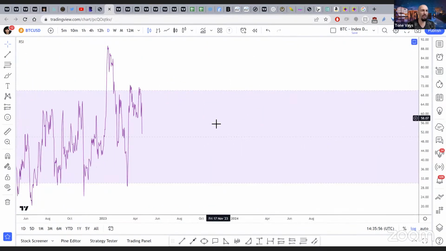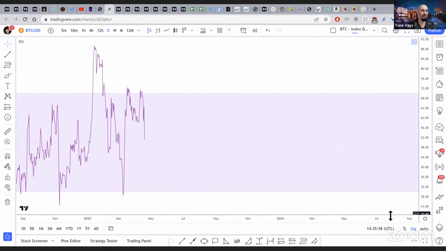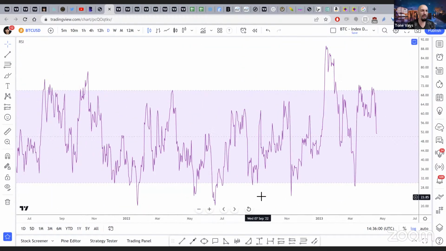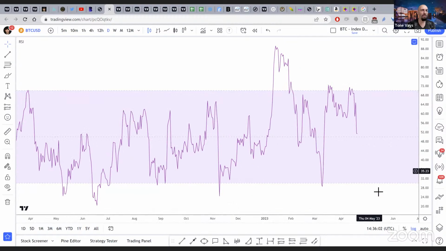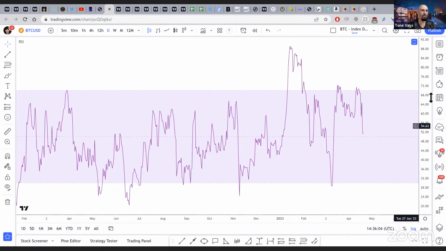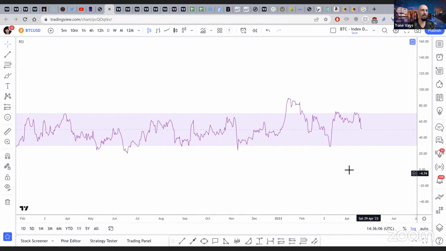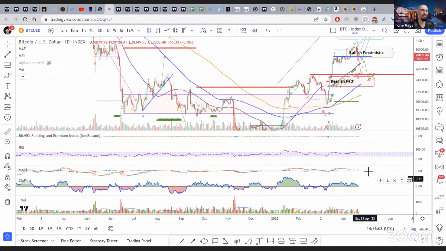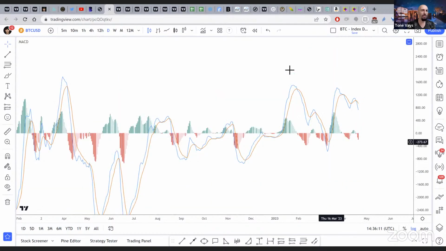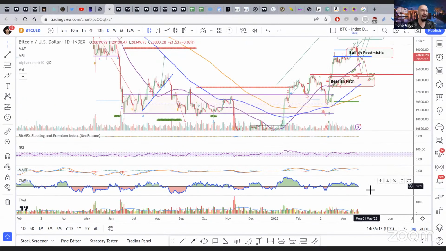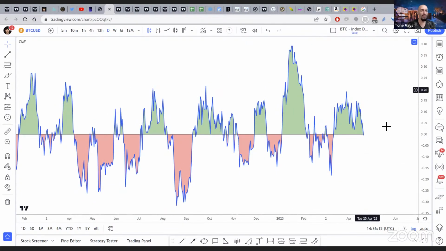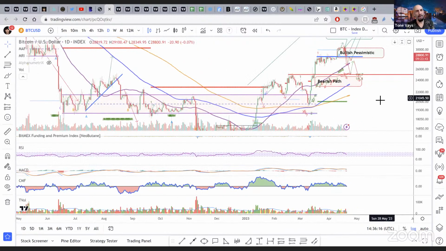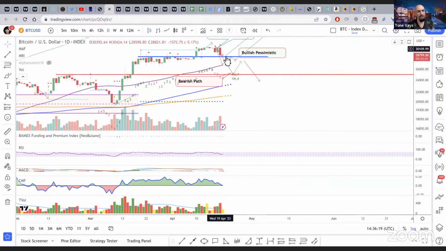If the RSI can make it all the way down to oversold without endangering the price too much, that's great. The RSI is looking good. The MACD is also bearish. And the CMF has gone bearish. So everything is actually bearish on the daily chart. And that is why I am pretty much ready for a move down to 27 and maybe even 25.